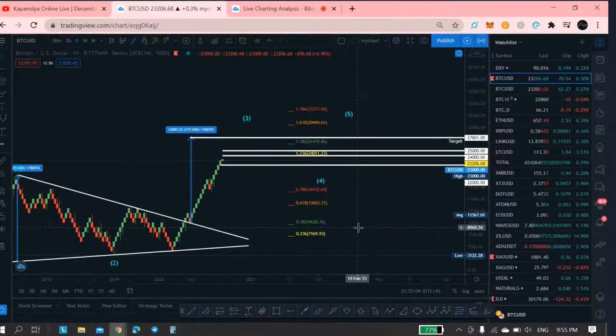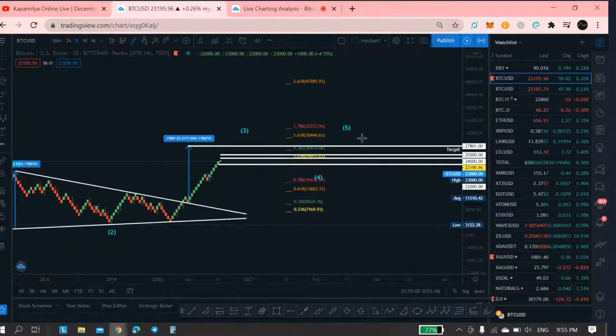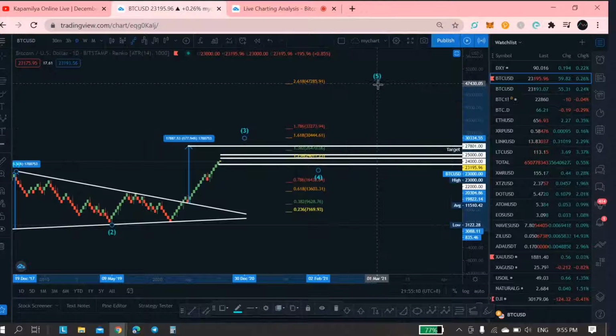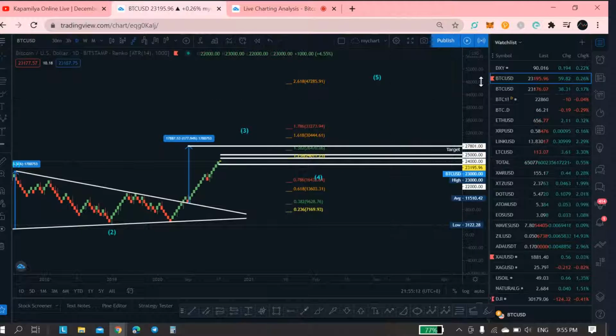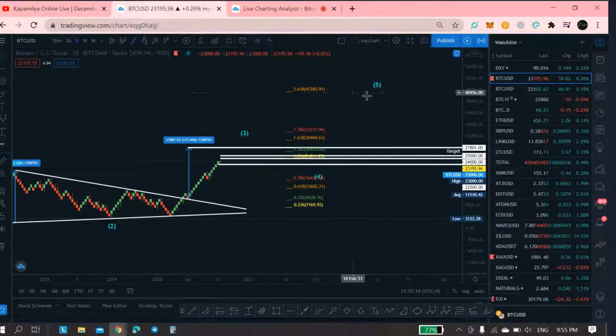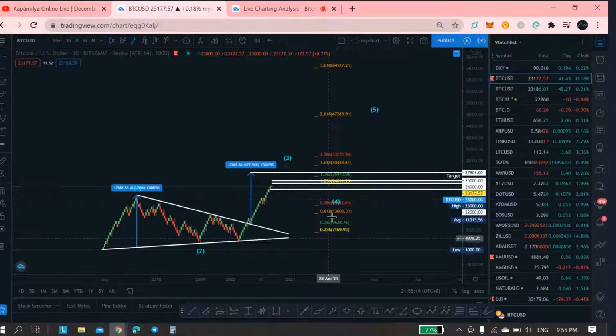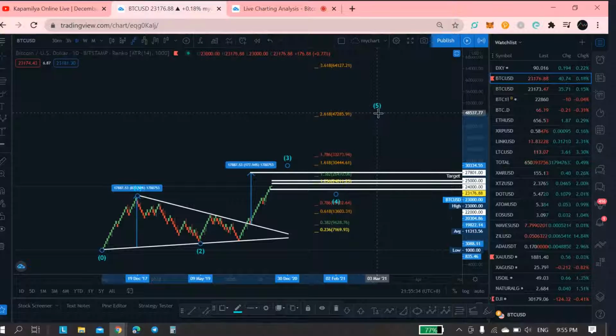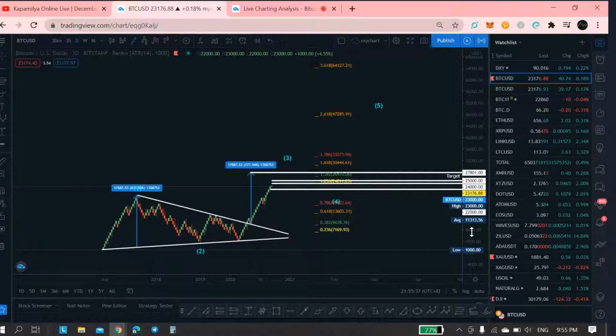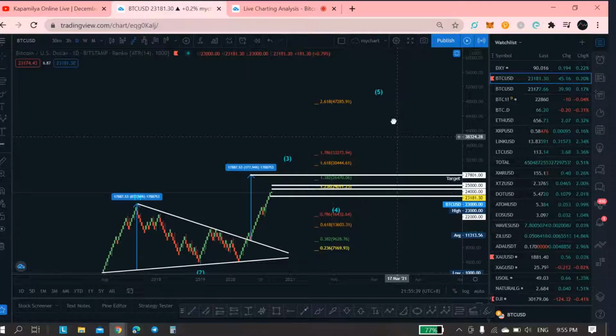Here I can use this one, but on a conservative note, I can use the 2.618 fib. Normally, as you can see, mostly I'm using the 0.618, like for example this area, 1.618, 2.618, and 3.618. On a conservative note, I'll just use this one. So that's my long-term view on Bitcoin.